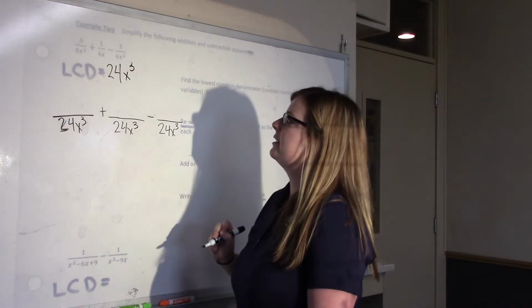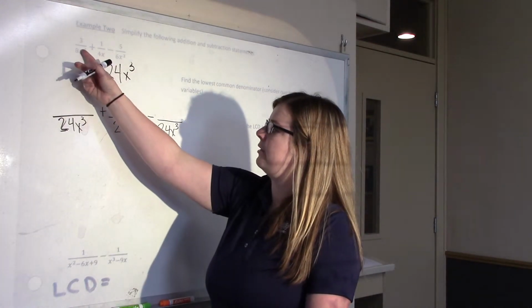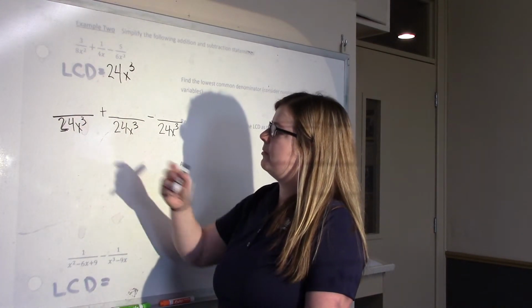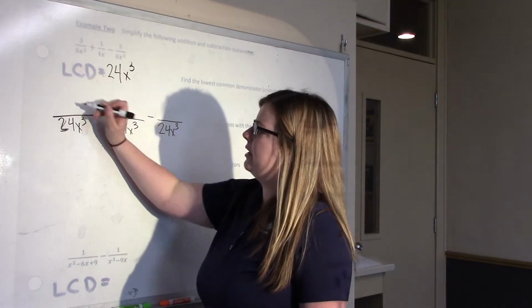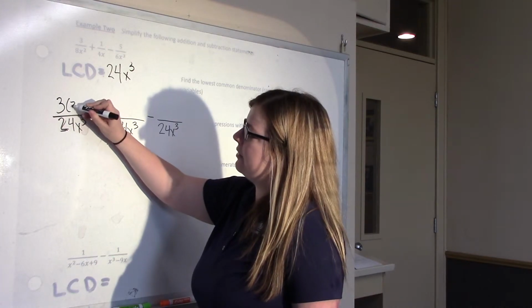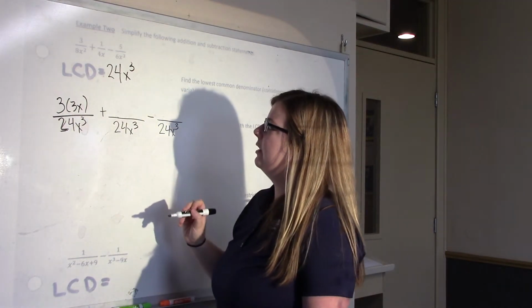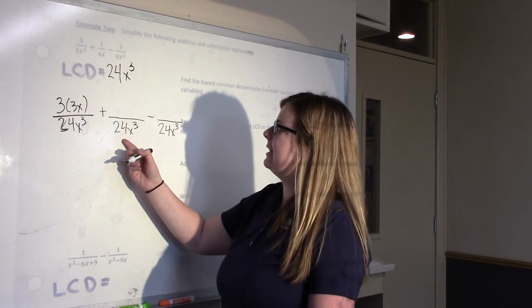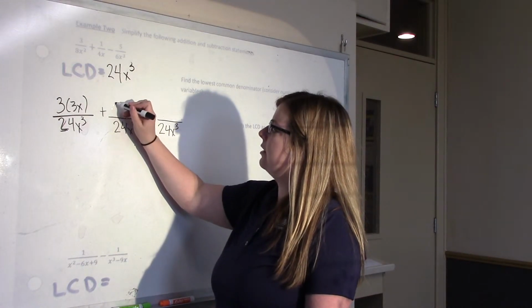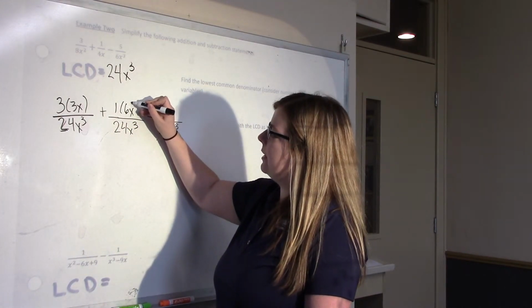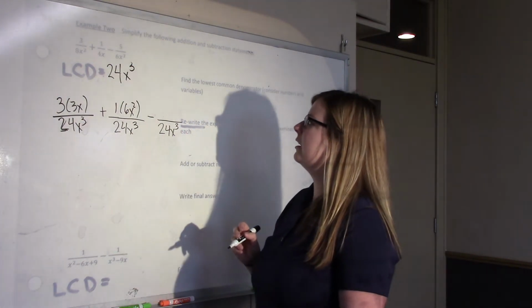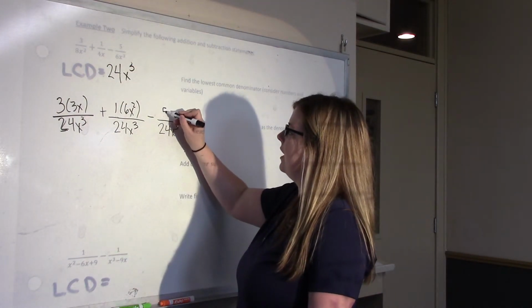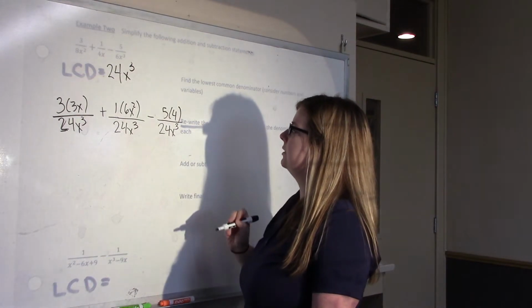All right, so to do 8 here, we need to multiply it by 3x. So it becomes 3 times 3x. From here to here, it's 6x squared, so 1 times 6x squared. And from here to here, it is 4, just 4, so 5 times 4.